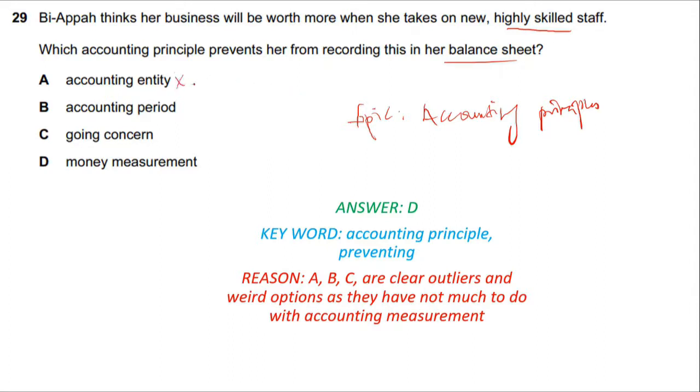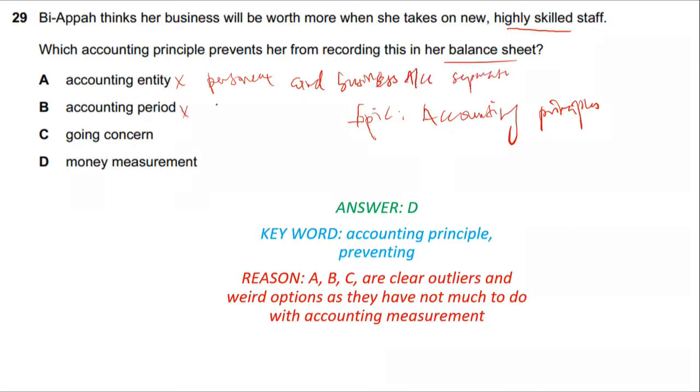Accounting entity, no, this is wrong because this tells you to keep the personal and business accounts separate.